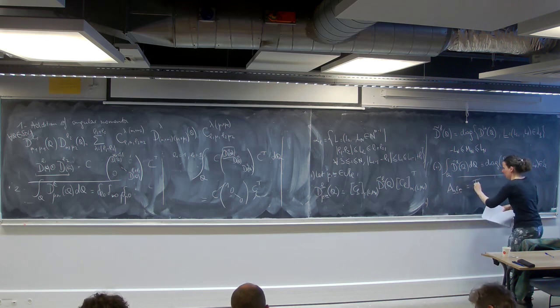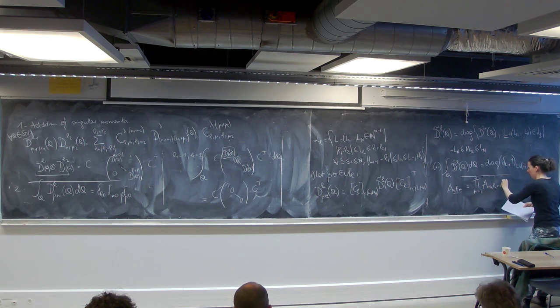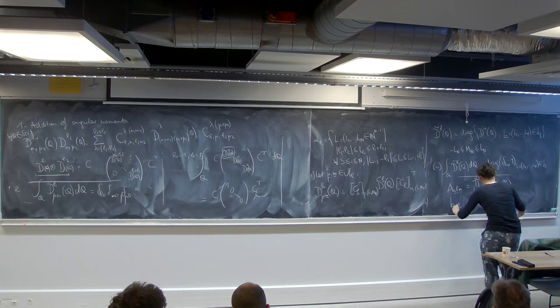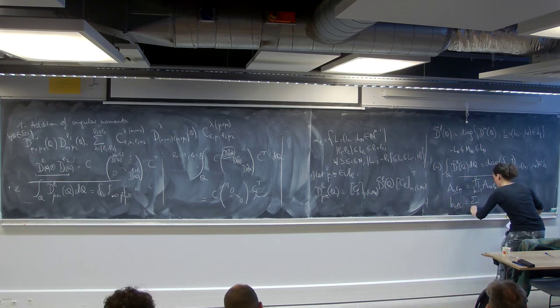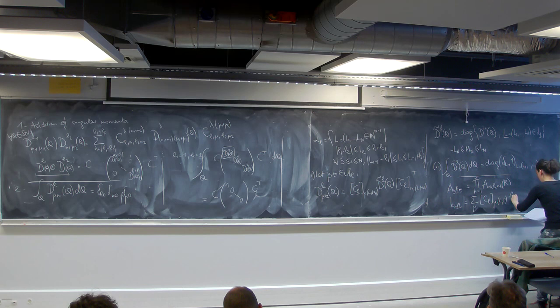As I defined it before, that's the product from k equals 1 to nu of A n_k l_k m_k of R. And so the basis functions are B, with the Clebsch-Gordan coefficients L0 times those L M nu.